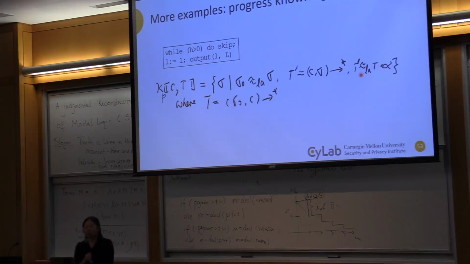So I'm only looking at T prime that's low equivalent to T with one more action that the attacker can see. That means the program is actually making progress. So this allows me to allow this program, right? Because in the case where there's no action, this trace would be ruled out. I wouldn't care about these.